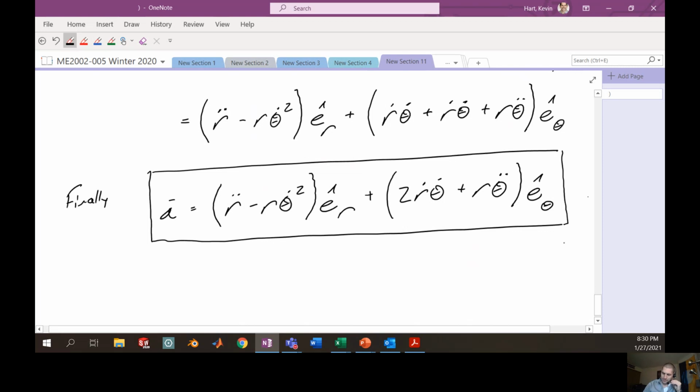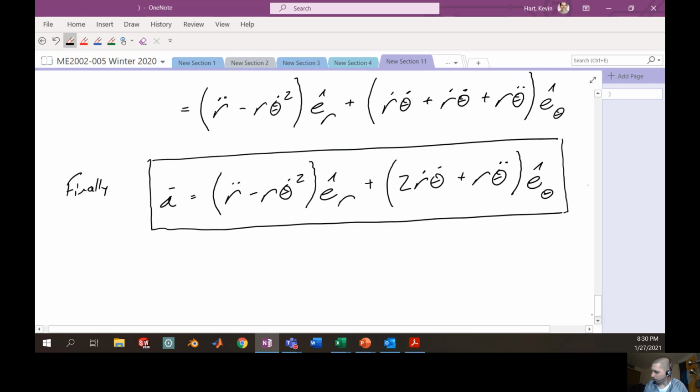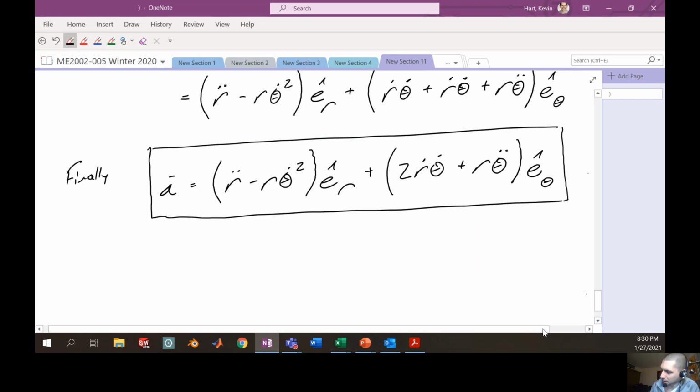Written in radial terms. So again, let's put some definitions to these. We already defined r double dot. R again is the position between the origin at O and the point P. R dot is the change in length as you move your particle, so it's the change in position between point P and point O. And your theta dot is the angular velocity of your coordinate system. So the only things we really need to define here are r double dot and r theta double dot.